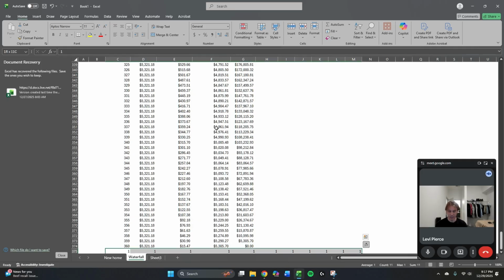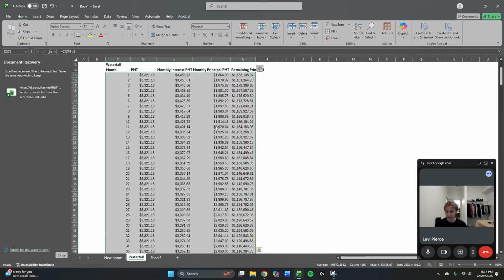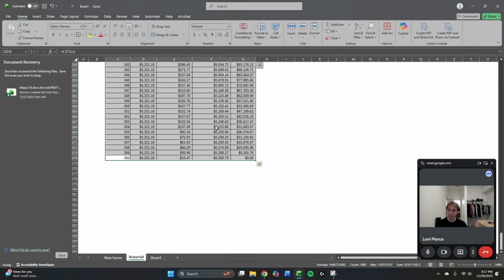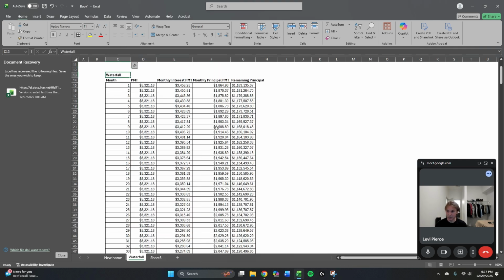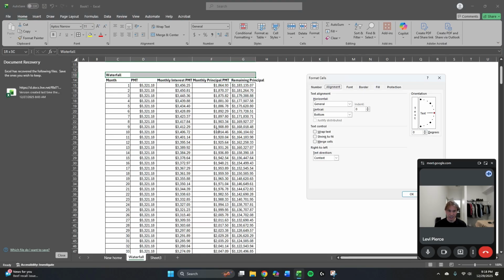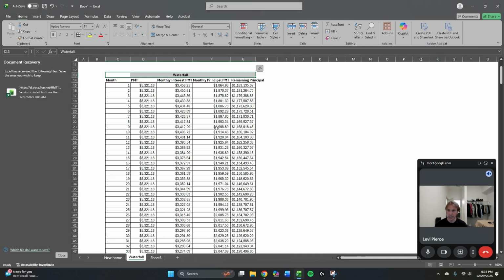I'll remove all of these ones, and let's make this look nice. Now, it's all about making it look nice. I know, Mom, your favorite color is blue, so let's make this look like it's got some blue in it.